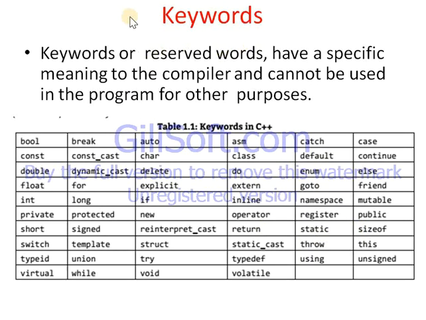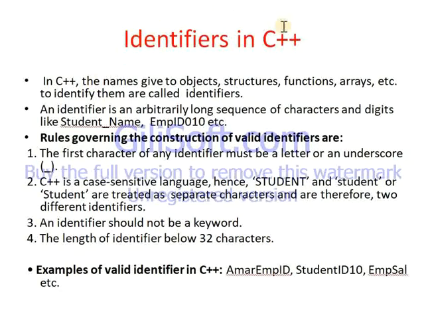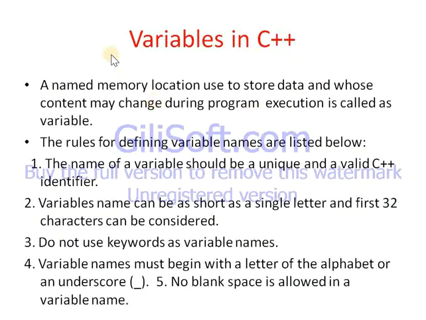Then we saw the keywords present in C++. Then we discussed identifiers in C++ and the rules for identifiers. Then we discussed variables in C++ and the rules for defining a variable.